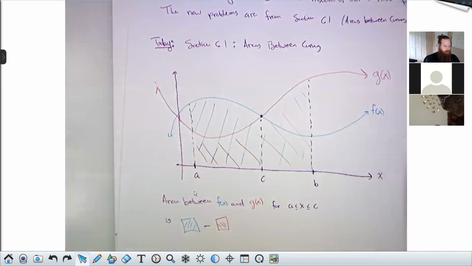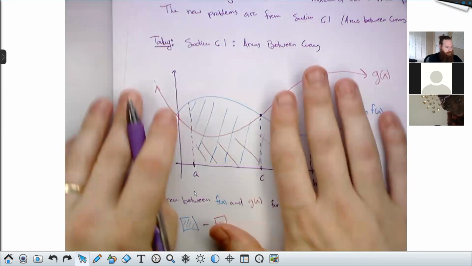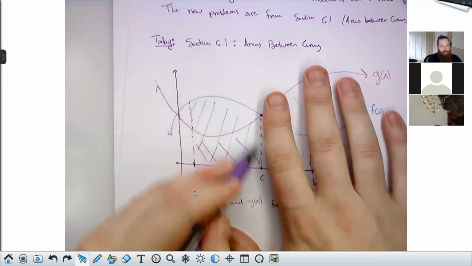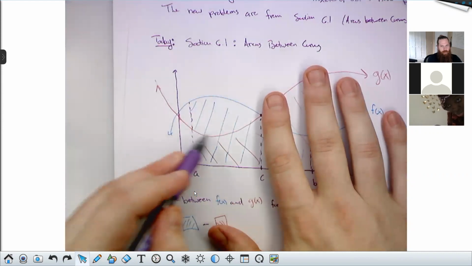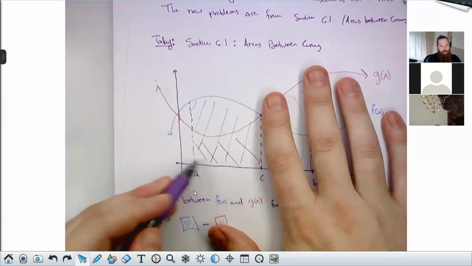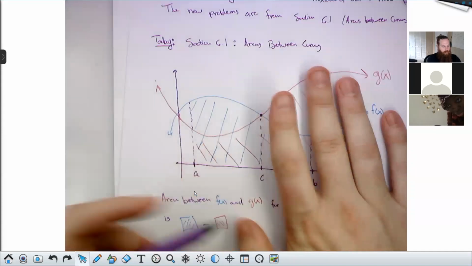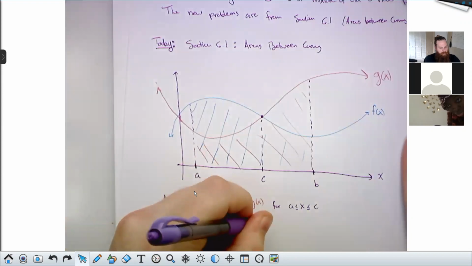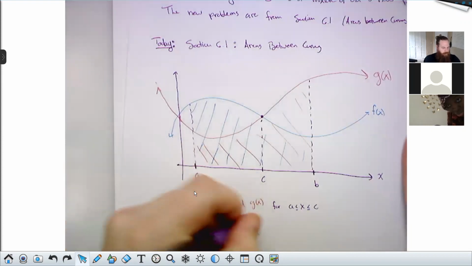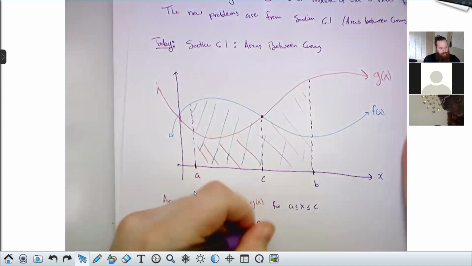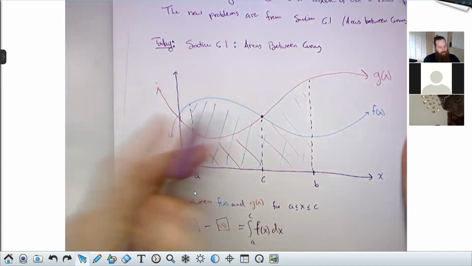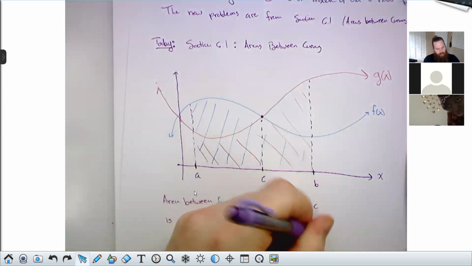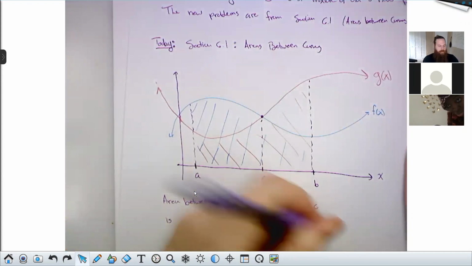Would you agree? I take everything here that is blue, that's this whole thing, and I subtract out the stuff that is red, that's this stuff. So this would be the integral from a to c of f of x dx, that's the blue, minus the integral from a to c of g of x dx, that's the red.